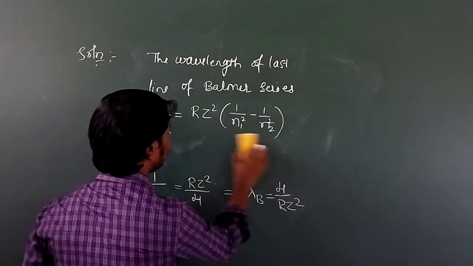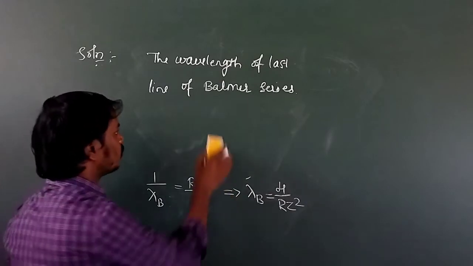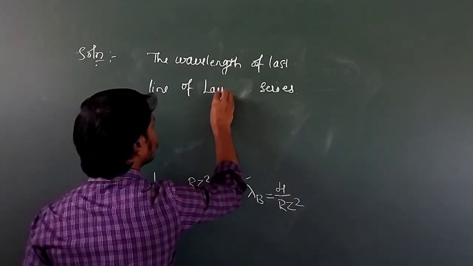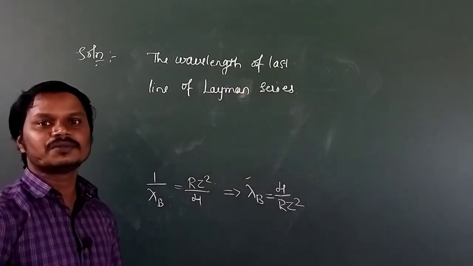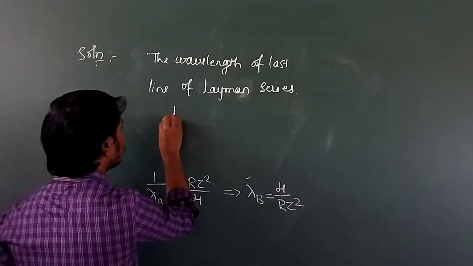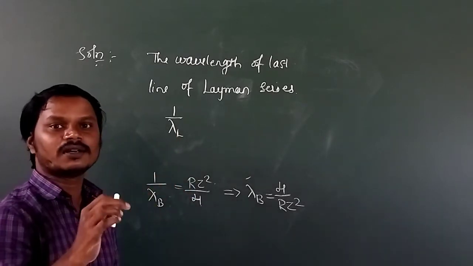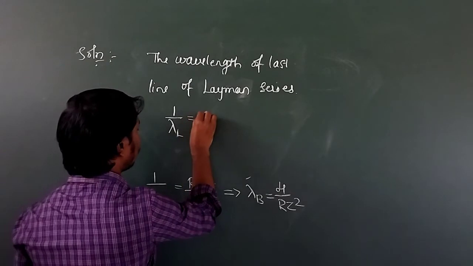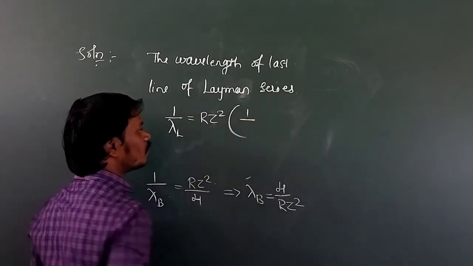So next one, the wavelength of the last line of the Lyman series. Lyman series. What is the formula used to find the wavelength of the last line now? That is 1 by lambda L. Lambda L is the wavelength of the last line in the Lyman series. Then 1 by lambda L is R into Z square into 1 by n1 square.